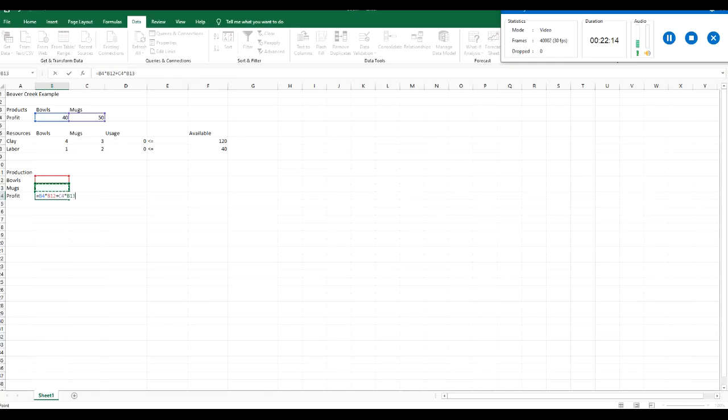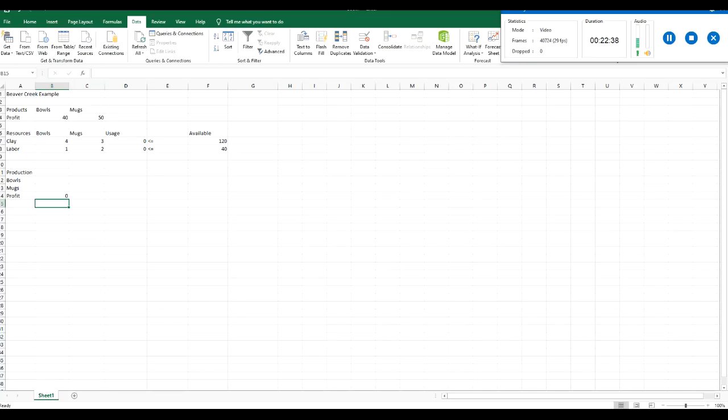We hit enter, and right now it will be 0 because we're not making any bowls or any mugs. However, as the number of bowls and mugs change, our profit will change accordingly. For right now, though, it remains 0.